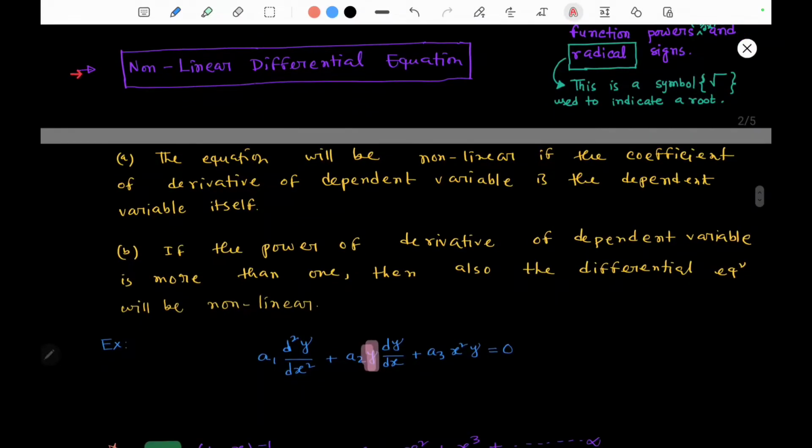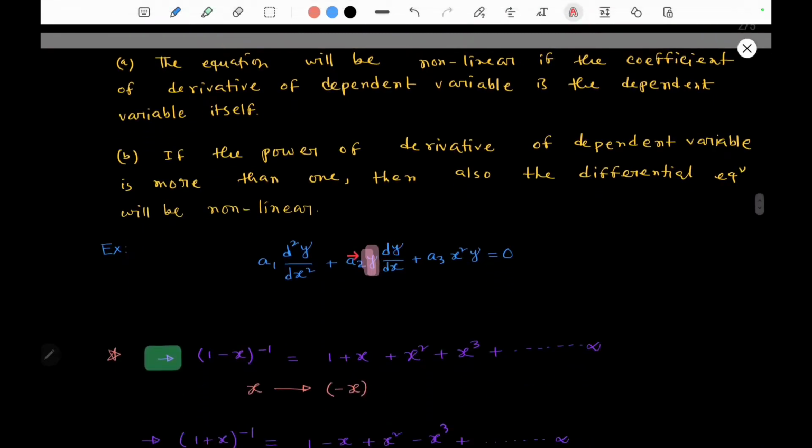Now let's learn about the nonlinear differential equation. The equation will be nonlinear if the coefficient of the derivative of the dependent variable is the dependent variable itself. Here we can see the derivative of a dependent variable and its coefficient is also y.